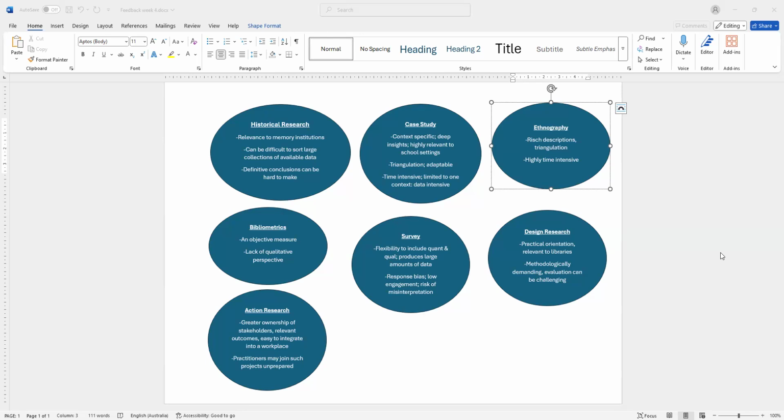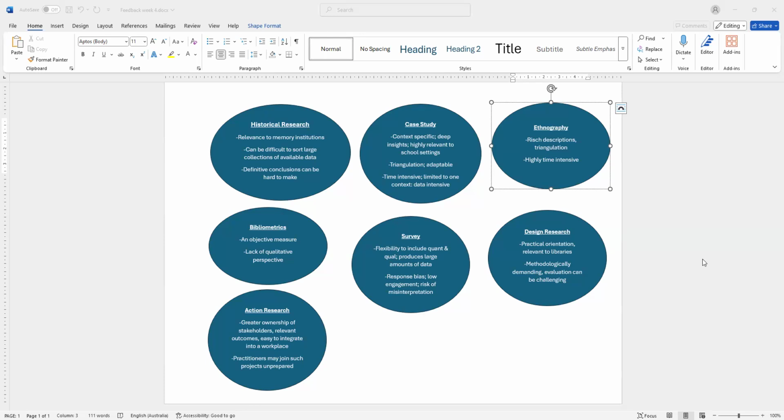The seven methods that you discussed include historical research, case study, ethnography, bibliometrics, survey, design research, and action research. So let's start with historical research.